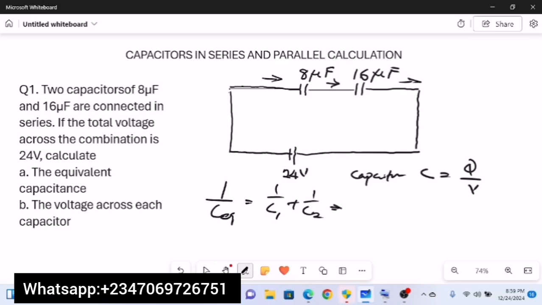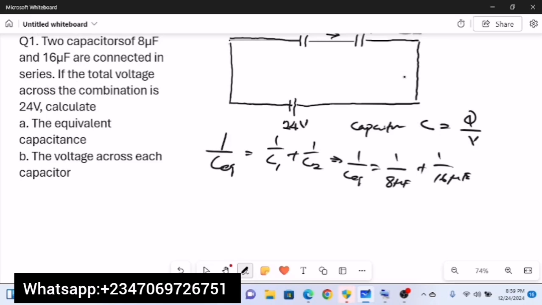Now this simply implies that 1 over C equivalent is going to be equal to 1 over the first capacitor, which is 8 microfarad, plus 1 over the second capacitor, which is 16 microfarad. So we have 1 over C equivalent equal to, the LCM between 8 and 16 is obviously 16 microfarad.